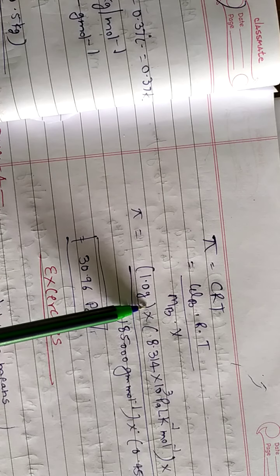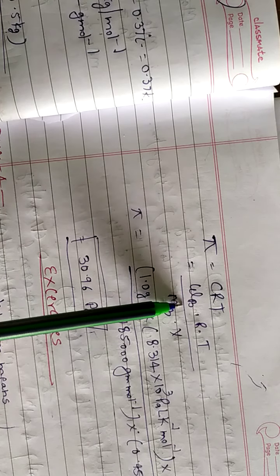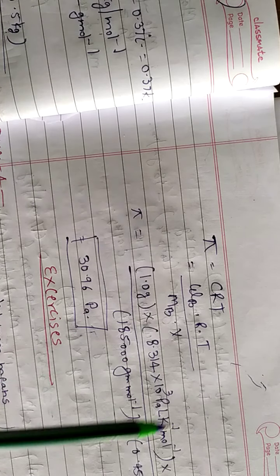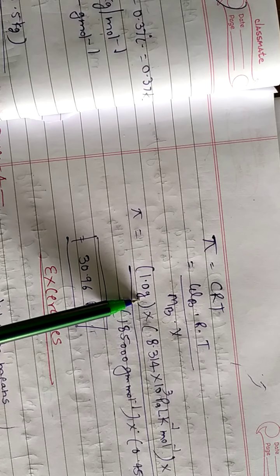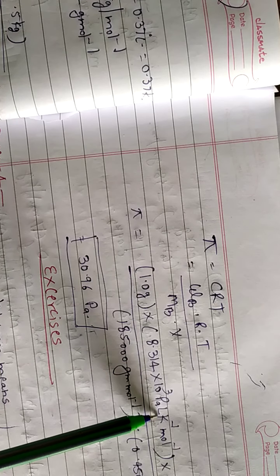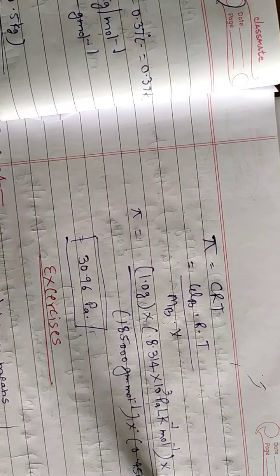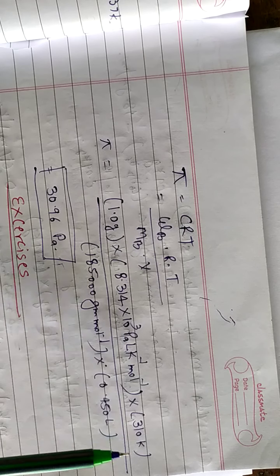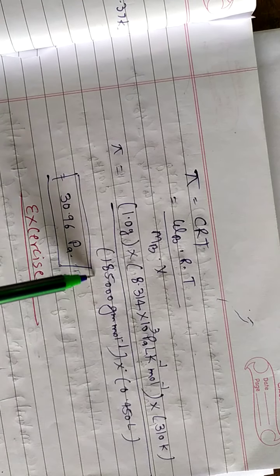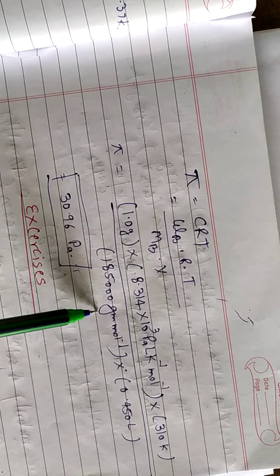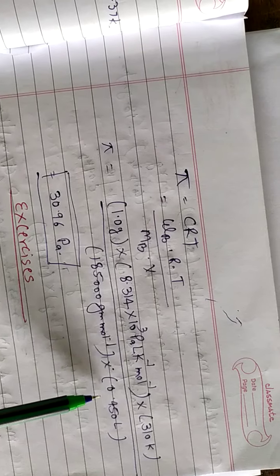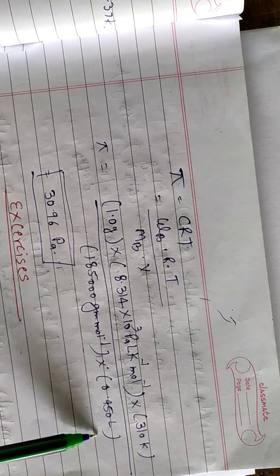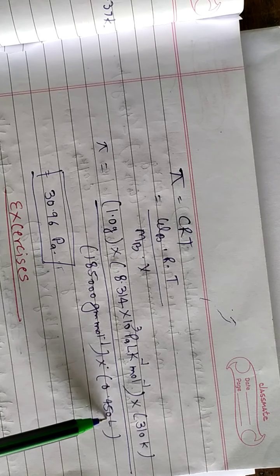So, W upon MB into R into T upon V. Now 1.0 gram is already given, this is our R value, T is converted into Kelvin. The weight is given, the molar mass of the polymer is given, into V, the volume, which I converted into liters from 450 ml.